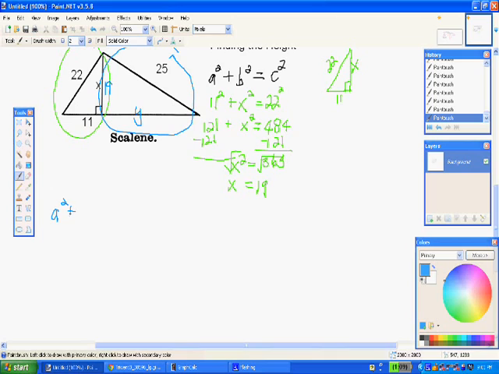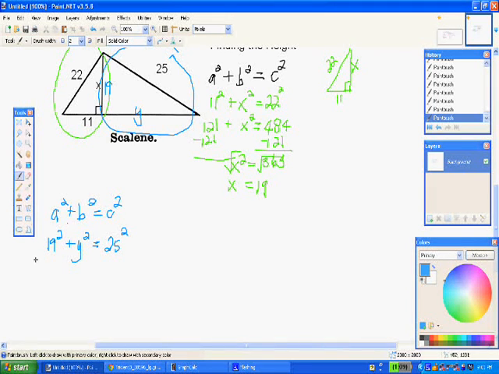A squared plus b squared equals c squared. We know that one of the sides is 19, so I'll do 19 squared here. We know that another side is y, so I'll just indicate that with the y squared right here. And we know the hypotenuse is 25, so I'll do 25 squared here.